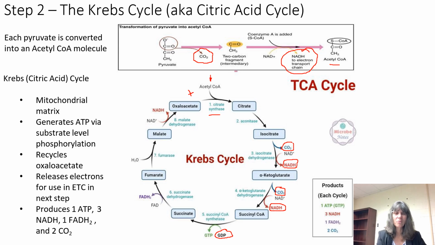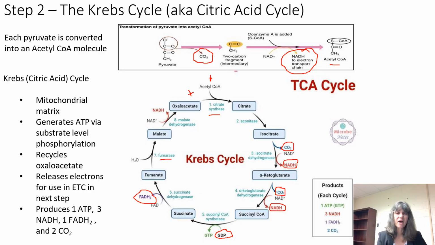Now we end up with the substrate molecule succinate, which is going to interact with succinate dehydrogenase, and now we are reducing FAD to form FADH2, and now we have the substrate molecule fumarate, which with water and the help of the fumarase enzyme will produce malate.